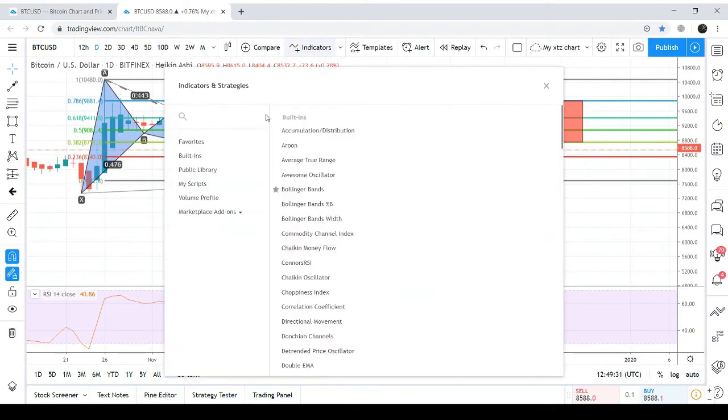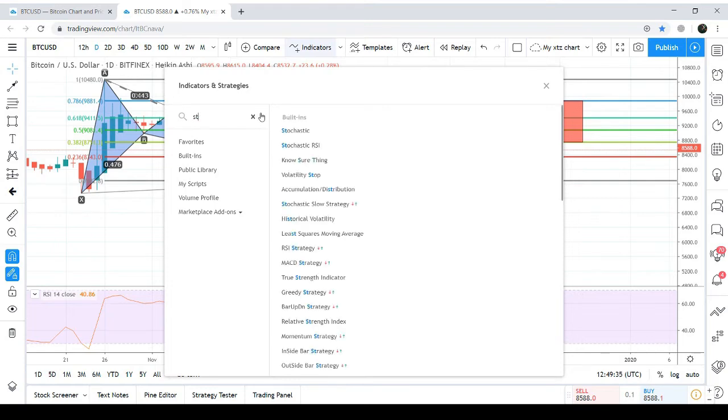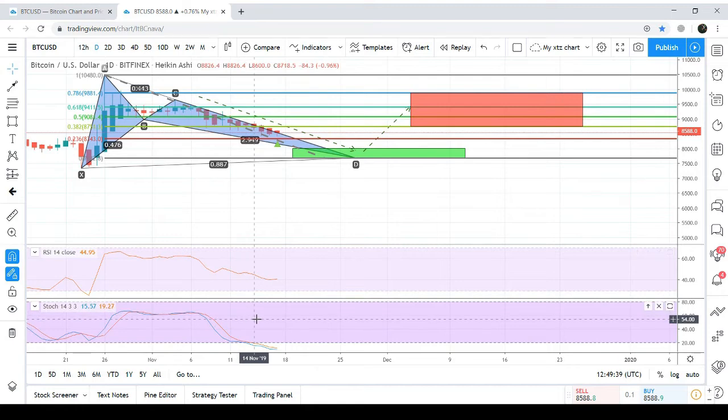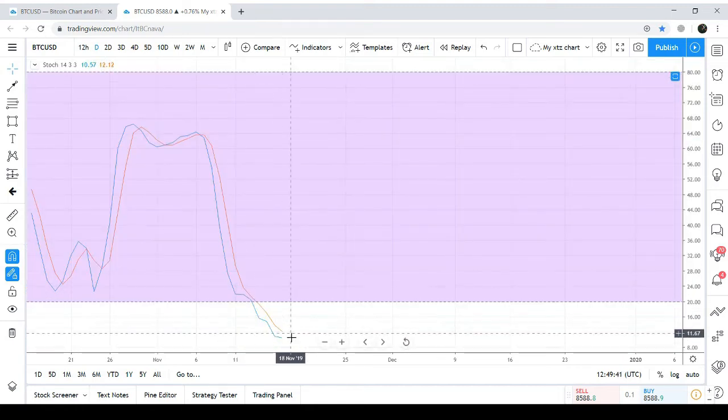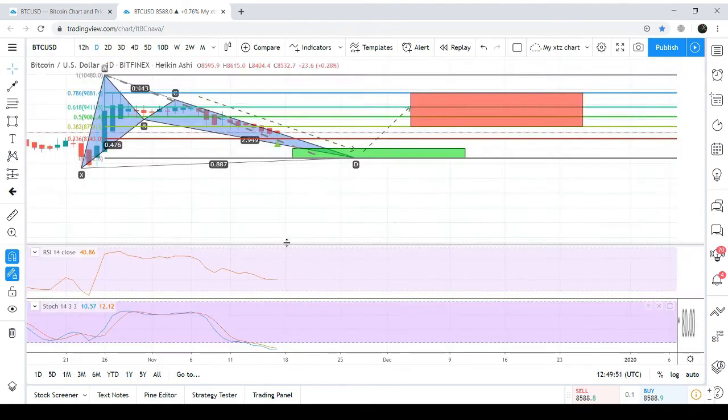The next thing is the stochastic, which should give a bull cross from the oversold zone. At this time, you can see the stochastic is in the oversold zone, but still it is in a bear cross. So once the blue line crosses up the orange or red line, we can place our buying orders.